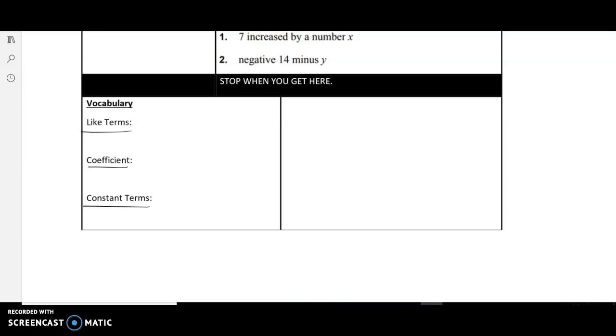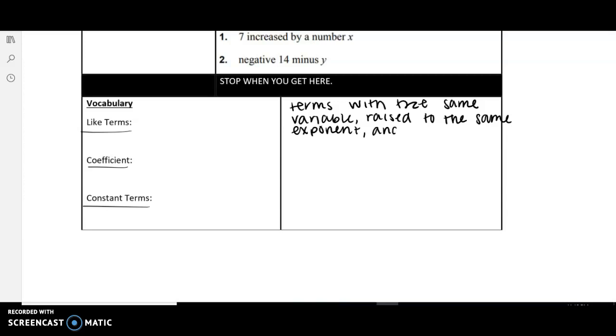So like terms are terms with the same variable raised to the same exponent, and they're also constant terms. And we'll give an example of that here in 1 second.